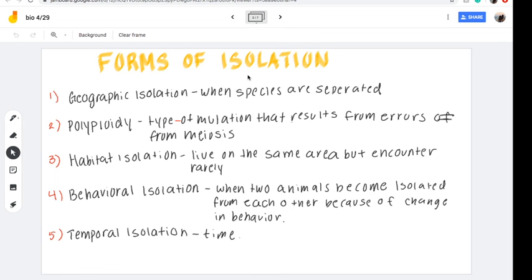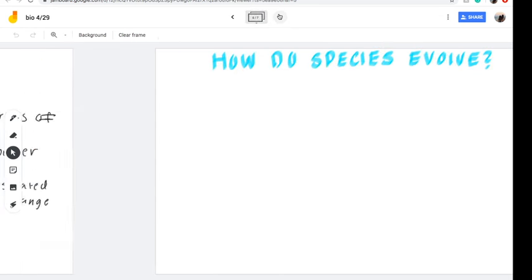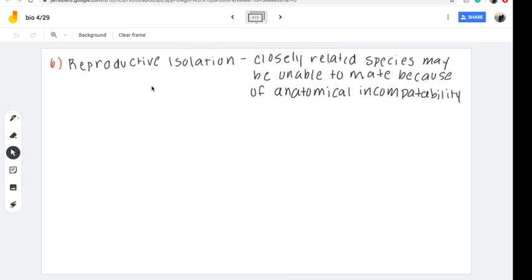Then behavioral isolation is when two animals become isolated from each other because of a change in behavior. Temporal isolation is when the two don't meet because of a time difference, the time when they grow and the time when they don't. And finally, we have reproductive isolation, which is when closely related species may be unable to mate because of anatomical incompatibility.